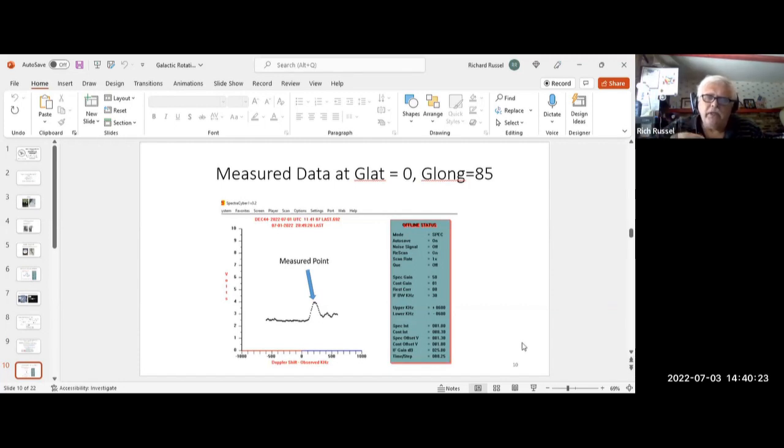If you have another peak there, what you're doing is you're looking through the galaxy, and you have multiple hydrogen clouds along that look point you're looking at, and each of those will exhibit a different Doppler to you.